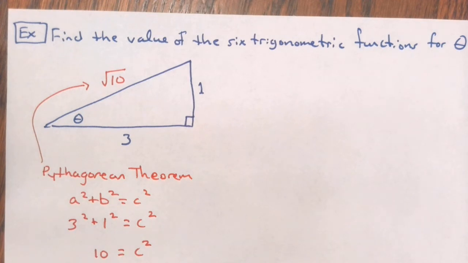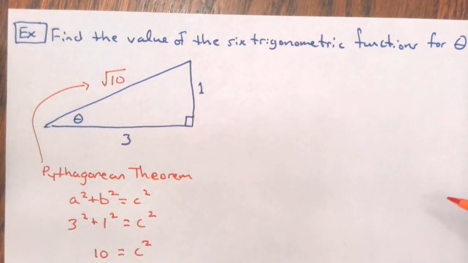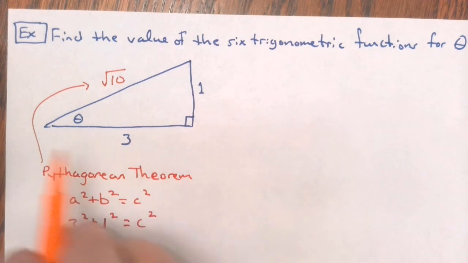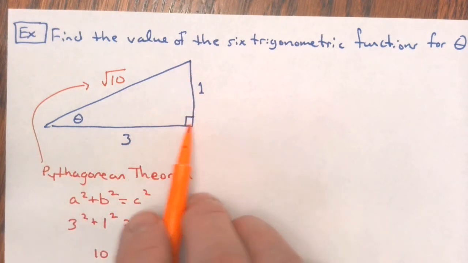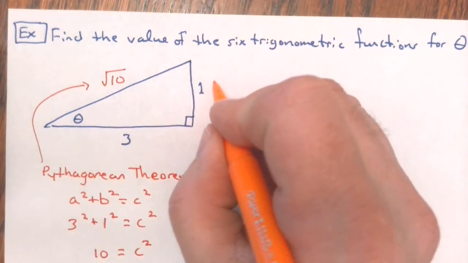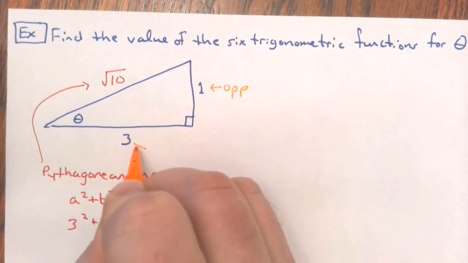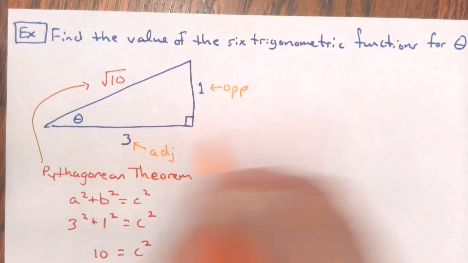Now that I know the length of those sides, I can go through and label those 3 sides: opposite, adjacent, and hypotenuse. So again, your 2 sides that form the right angle, those are your legs. Take a look at your angle theta, the one straight across from it, that's the opposite side. The one touching it that's not the hypotenuse, that's the adjacent side.